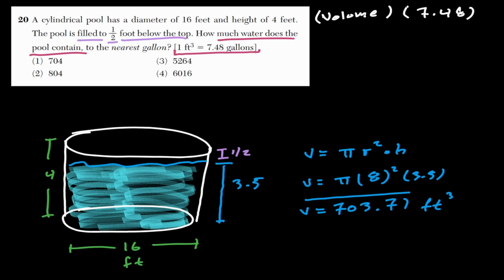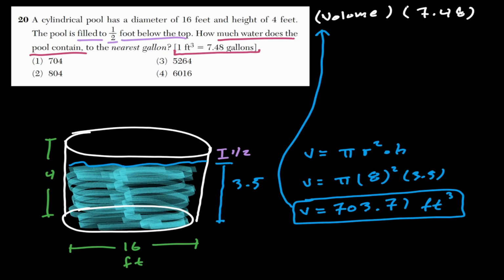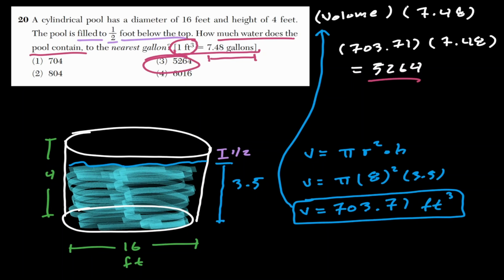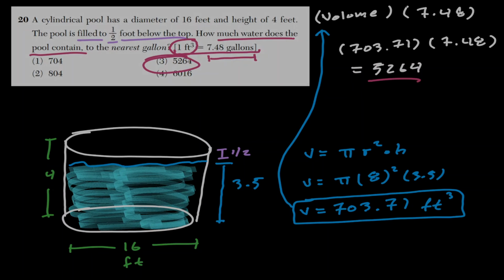So now let's use this volume that we obtained, and let's multiply times 7.48, because we know that anytime we have 1 foot cubed, we're going to obtain 7.48 gallons. And when we place this in our graphing calculator, it will give us approximately 5264, which matches option number 3.